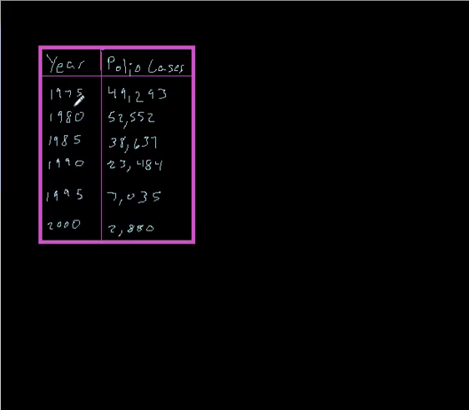Cool. And I'll just divide these out just so we have space between them and they're easier to visualize. Cool stuff. All right. Now from here, I'm going to create a line graph.